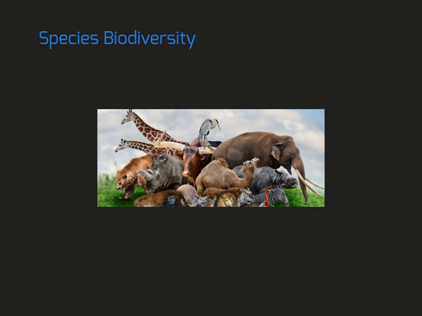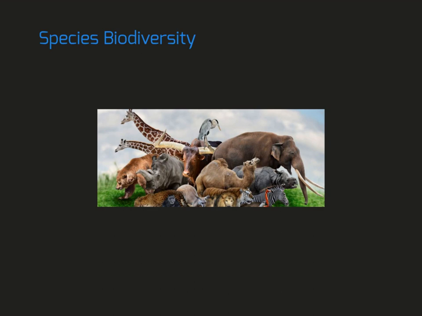This is an environment with a bunch of different savanna animals. You have gazelles, zebras, lions, elephants, camels kind of out of place. So is the bear, but this is only representing the animals that are in this particular ecosystem.